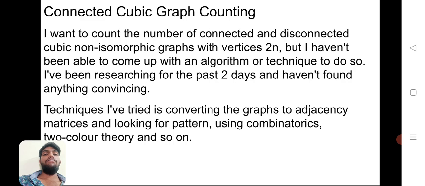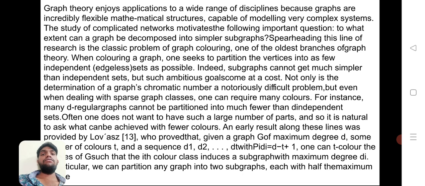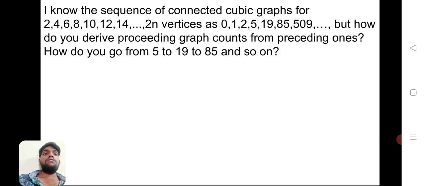The technique I will try is converting the graph to an adjacency matrix and looking for patterns using combinatorics, color theory, and so on. I know the sequence of connected cubic graphs for 2, 4, 6, 8, 10, 12, 14, and so on vertices as 0, 1, 2, 5, 19, 85, 509.